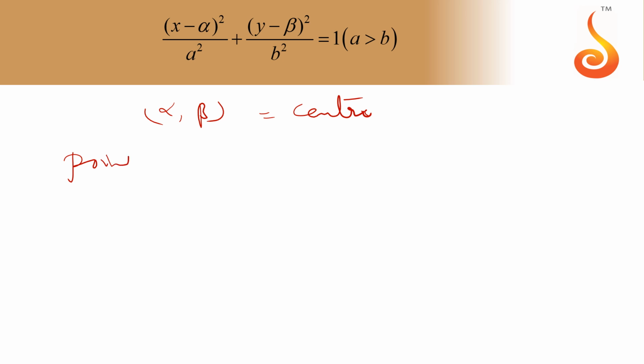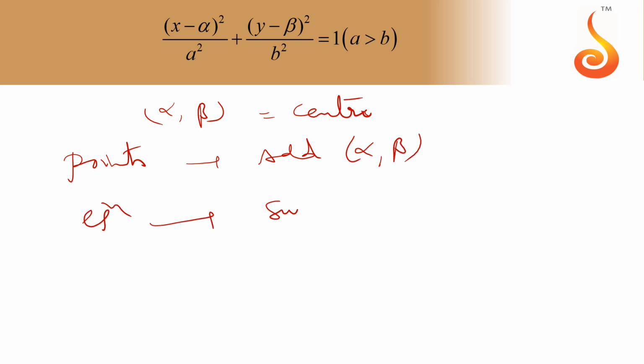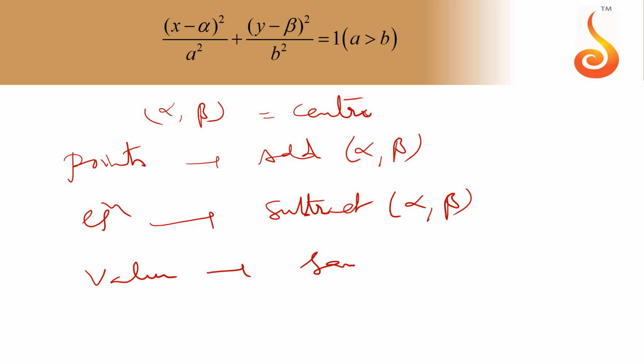For points, for the base ellipse, add alpha comma beta. For equations, subtract alpha comma beta. And values will remain the same. No effect.